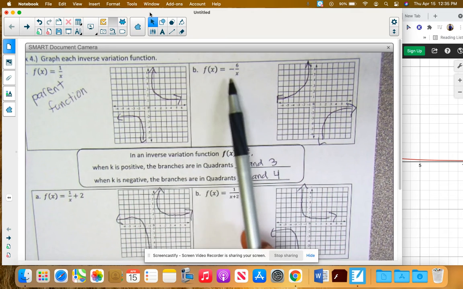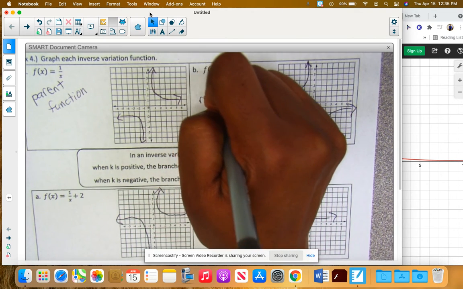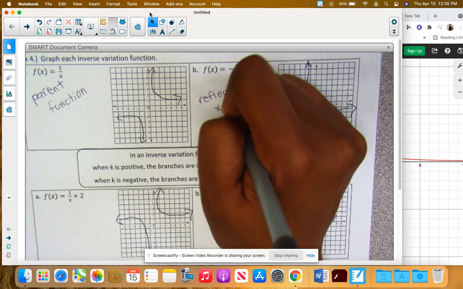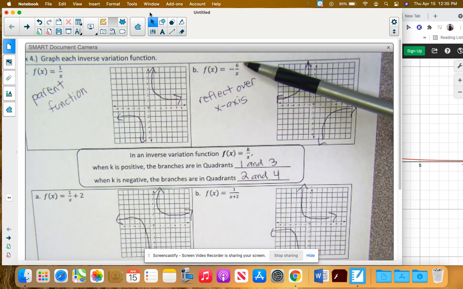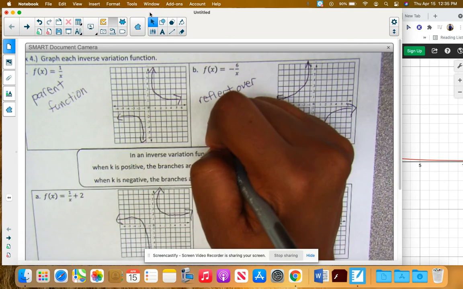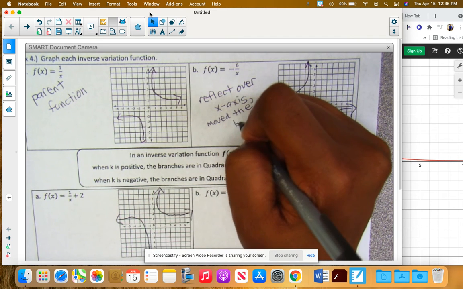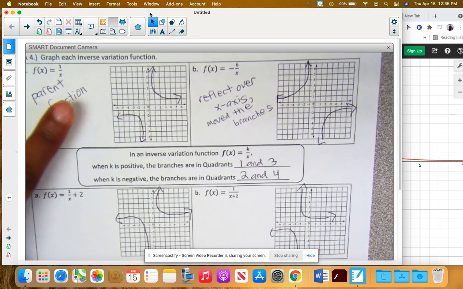So this negative in front of any kind of function is going to reflect over the x-axis. And as we wrote down here, it also moved my branches. So I'm basing all of this off of my parent function.